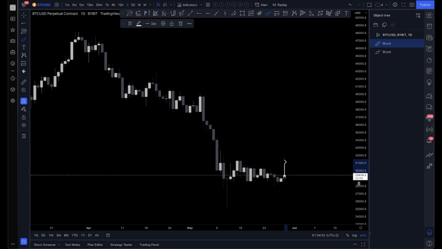And even though you've entered here at 29,413, as we said, your average entry might be here around 30k, because of lack of liquidity and slippage, and that's obviously not optimal. The other way of entering your trade would be limit orders.